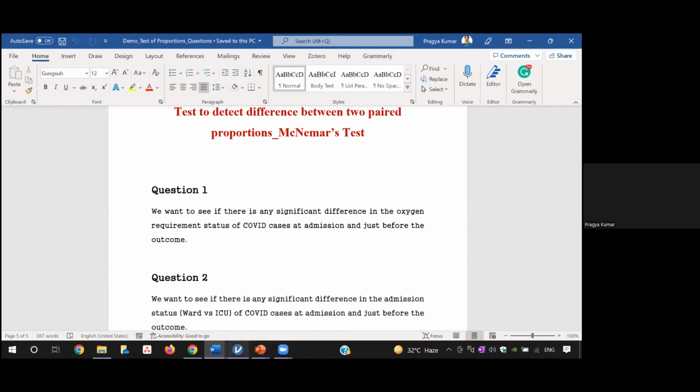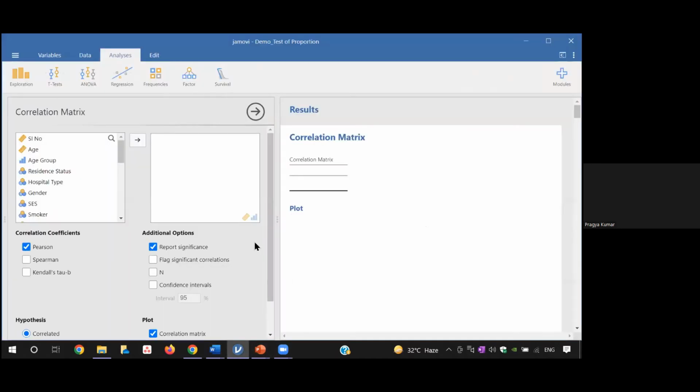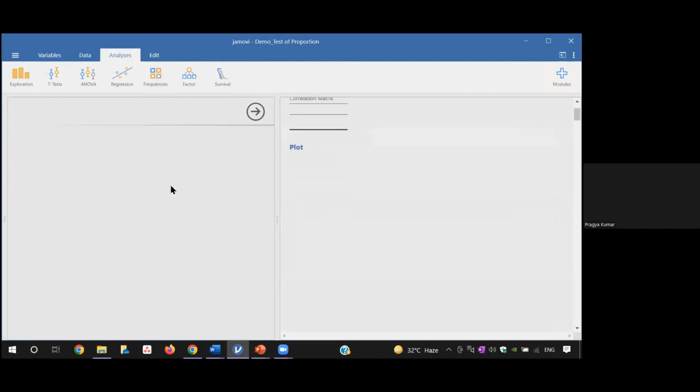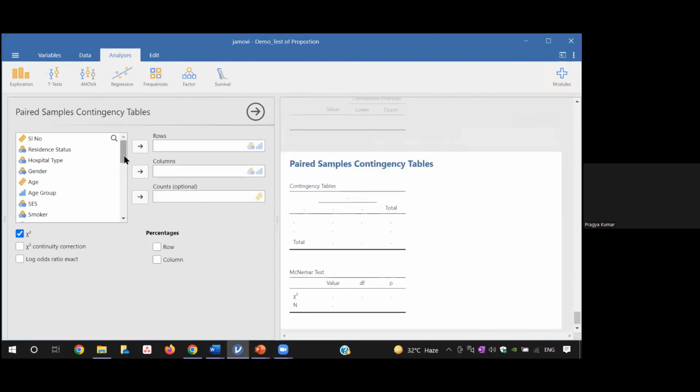If I go back to this JAMOVI data set, for this option you can see there is an option of paired samples. You click on this paired samples, and then you can shift these variables. There is a row and there is a column. Remember, we have discussed that the independent variable should be in the row and the dependent variable should be in the column. We have to see the oxygen requirement, which is the dependent variable.